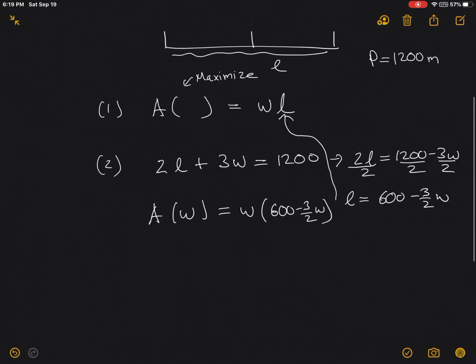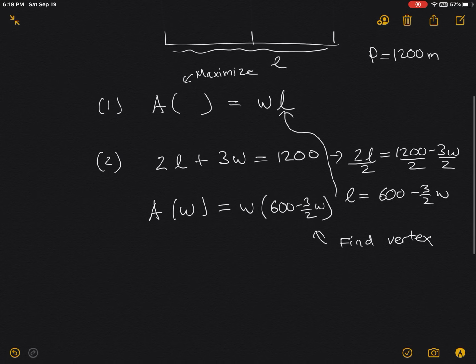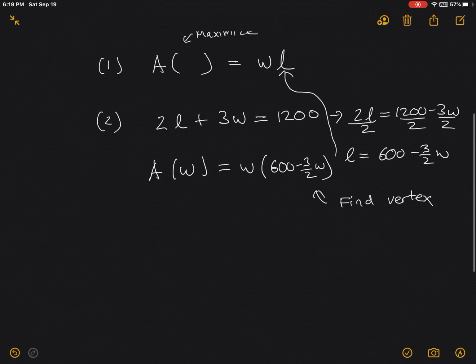Okay, so now if you take a look, everything is a function of the width. And if you want to find the width and length for maximum area, you need to find the vertex. Now, in the first 2 examples, in example 1 and 2, basically I used x is equal to negative b over 2a. For this one, I'm just going to use the intercept form equation. The way you use the intercept form vertex formula is you get your x-intercepts.